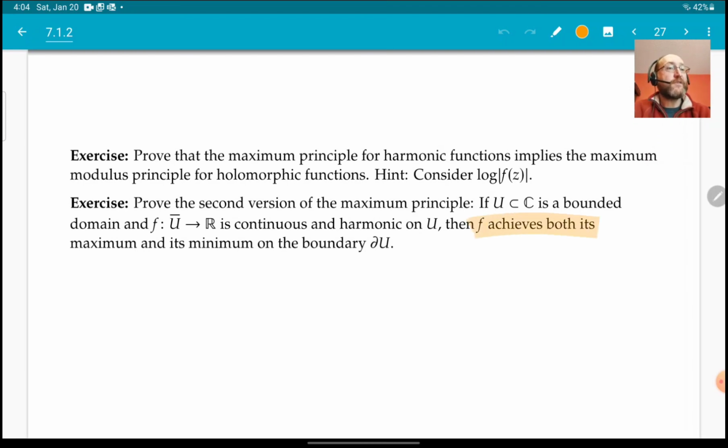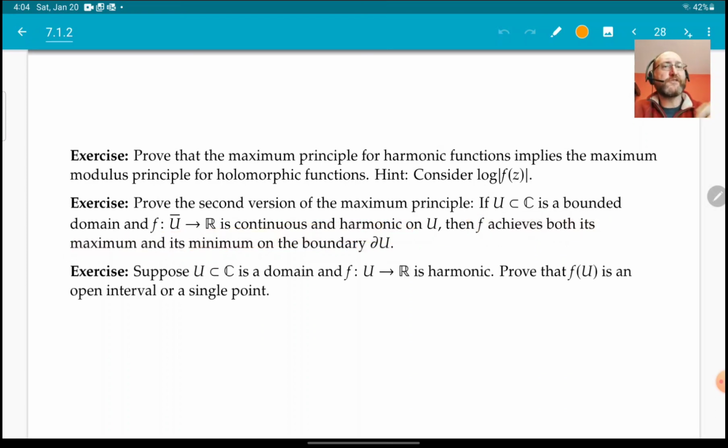Then f definitely achieves a maximum and minimum on the closure of U. This is a continuous function on a bounded closed set, a compact set. Therefore, by the maximum principle, it has to do so on the boundary. So prove that from the other version of the maximum principle that we just proved.